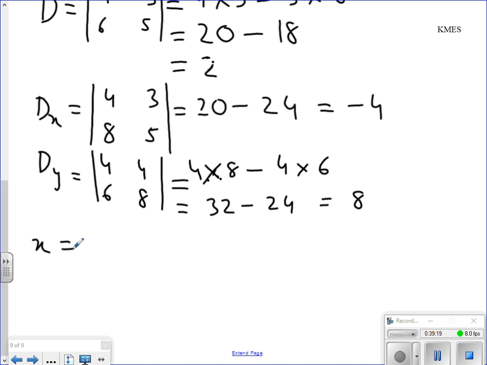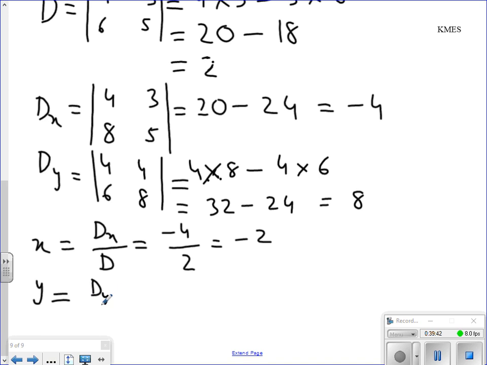So x is given by the formula x is equal to dx upon d, which is equal to dx is minus 4 upon d, which is 2. That comes out to be minus 2.